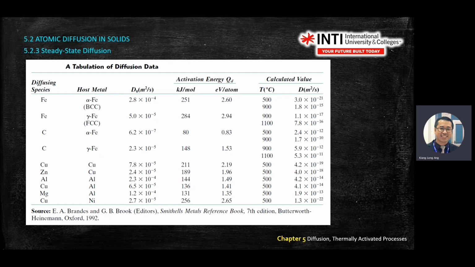Again, for the Q value you have two columns, one in kilojoule, one in eV, so you need to be careful about the Boltzmann constant that you use. You have two different values. And calculate at temperature 500, what is your D value? At 900, what is your D value?